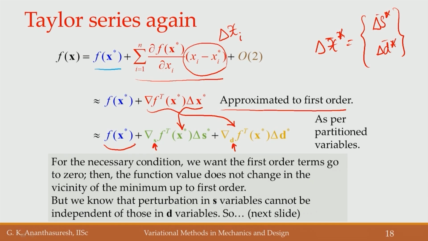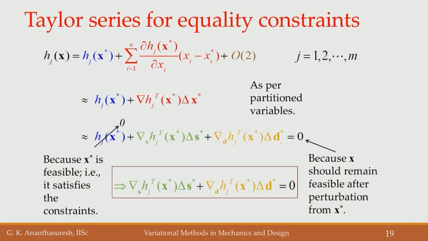But then we want to express delta S star in terms of delta D star, because we have freedom only in n minus m variables. In order to do that, we do the same thing to the equality constraints. We have many, so we are taking hj, where j goes from 1, 2, 3 up to m, as shown here.